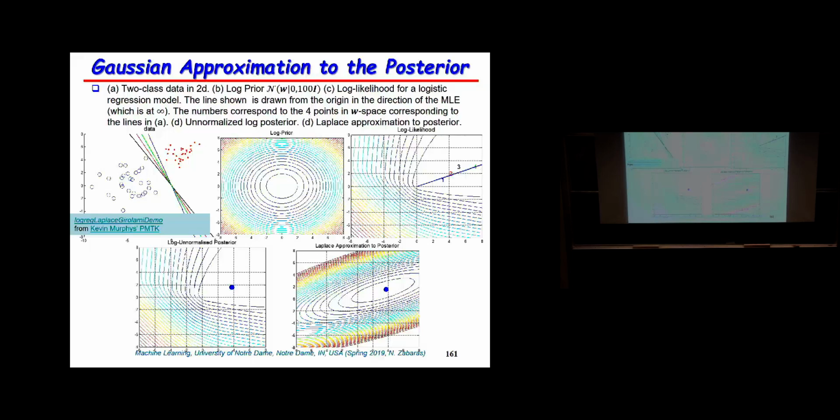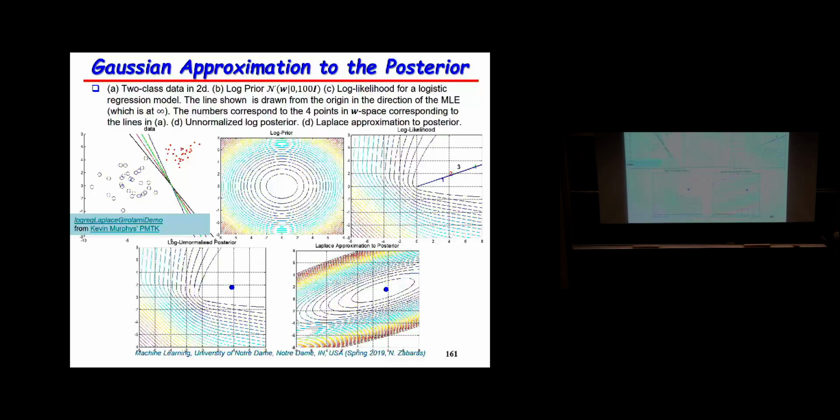So here it says 2-class data in 2D. Let's start with that. I see this blue data and this red data. This is a prior for W, which we take to be a Gaussian, very spread out; the covariance there is 100 times I, so that's the log prior contours. This is the log likelihood for this problem, and I remind you that when we computed the log likelihood for this cross-entropy, the W's were going to infinity.